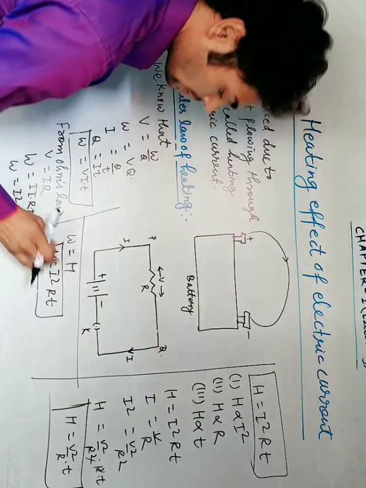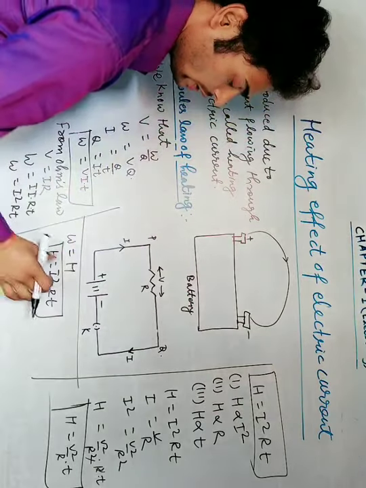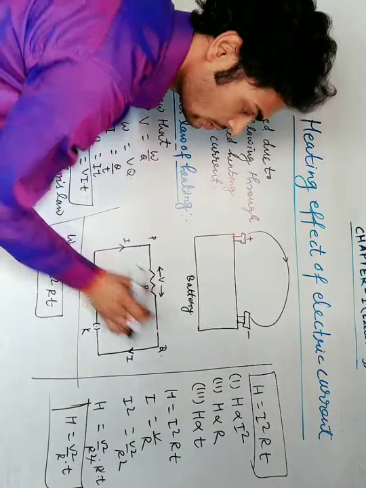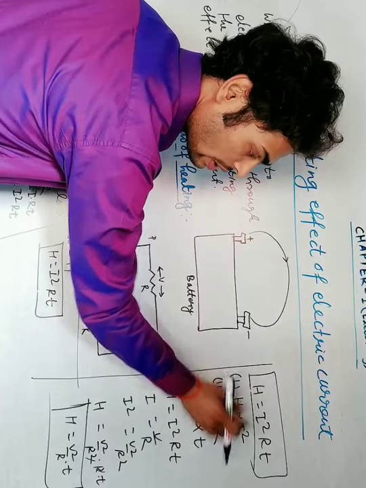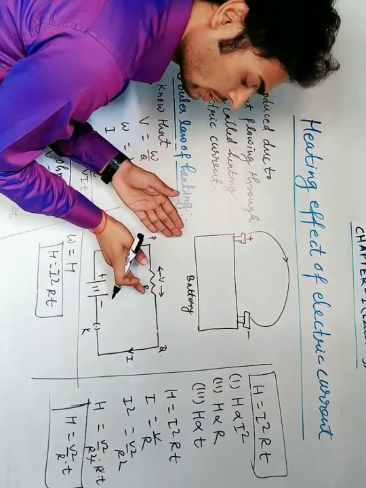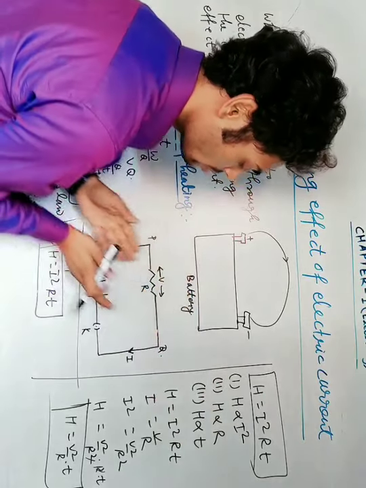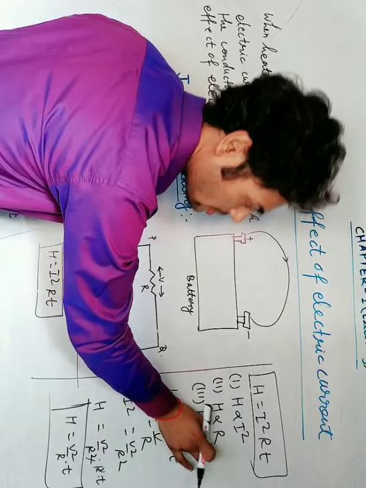So in this way, this is called Joule's law of heating effect, Joule's formula. And here H equals heat, and when current flows through any circuit, H is directly proportional to the square of current flowing through the circuit, and H is directly proportional to the resistance. Means heat increases as resistance increases.